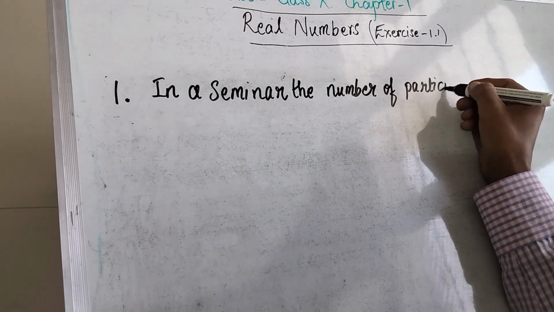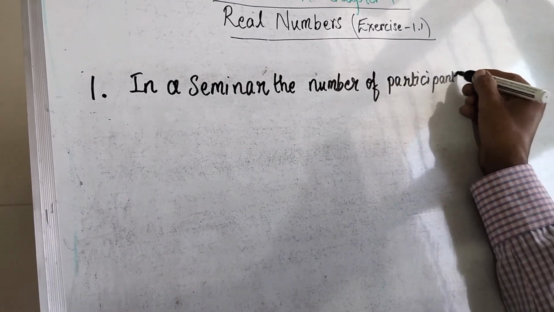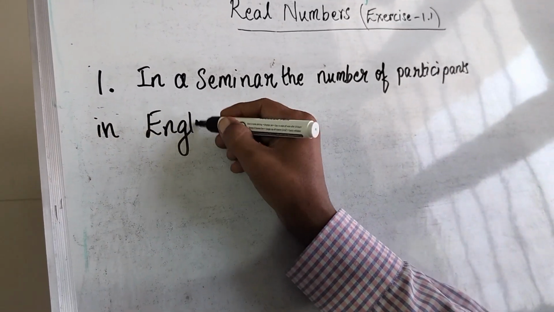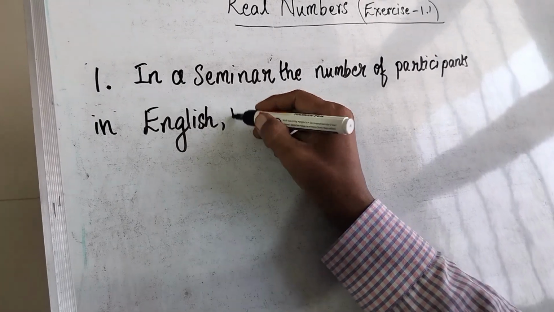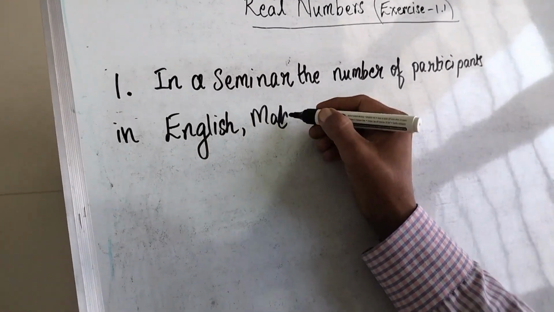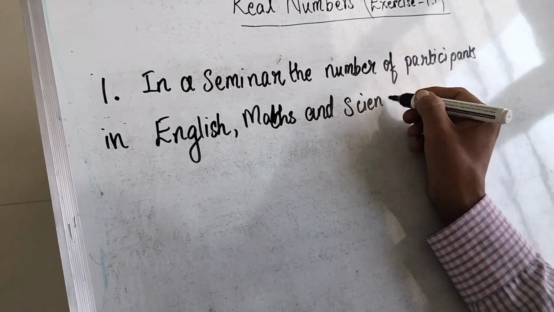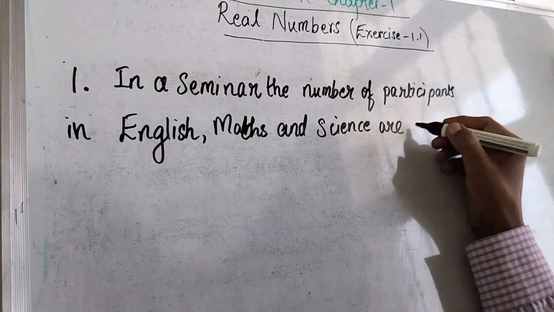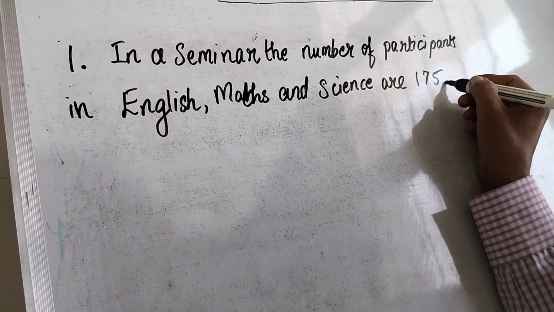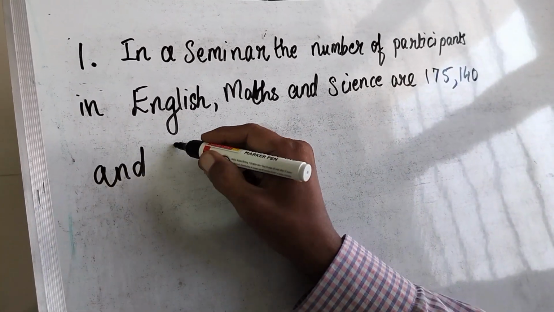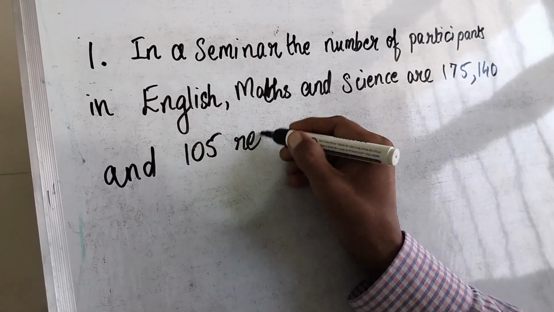In a seminar, the number of participants in English, maths and science are 175, 140 and 105 respectively.